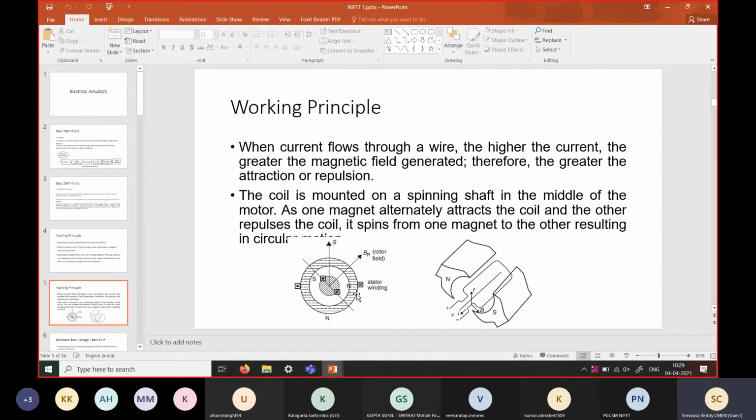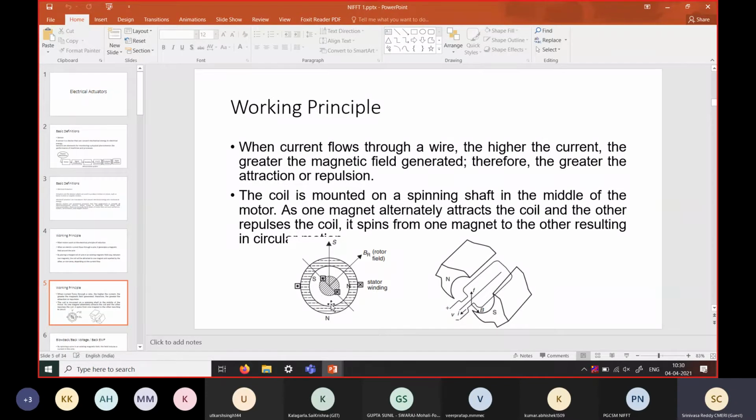Whenever the winding is energized, it produces a magnetic field, marked here with N. The outer winding, that is the stator winding, produces north and south poles, and the current-carrying conductors on the rotor also produce N and S. Here N and N are going to repel each other, and S and N are going to attract.